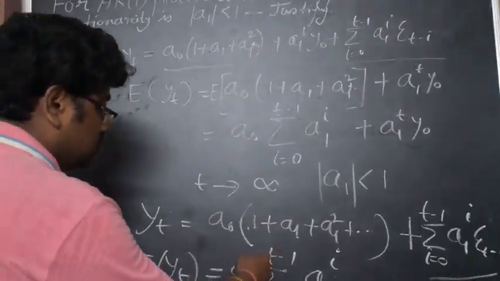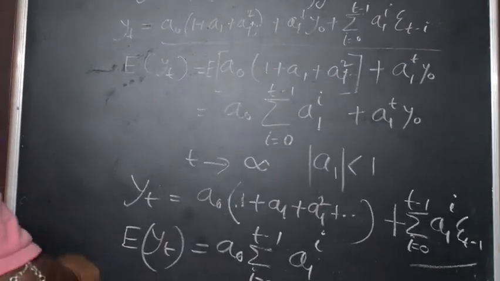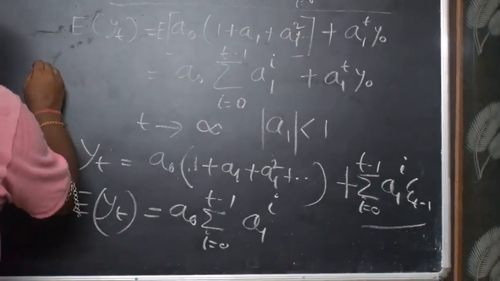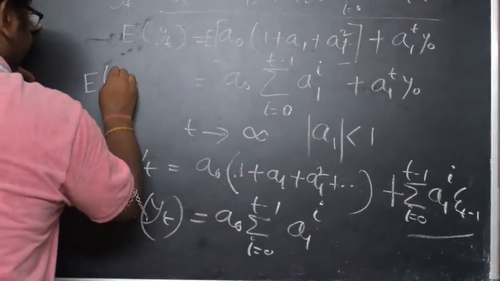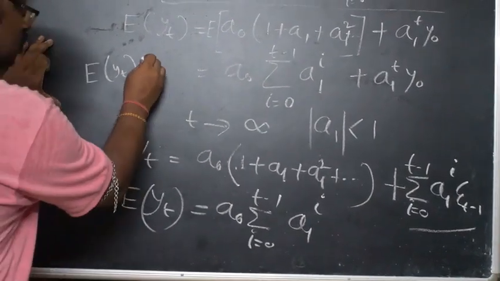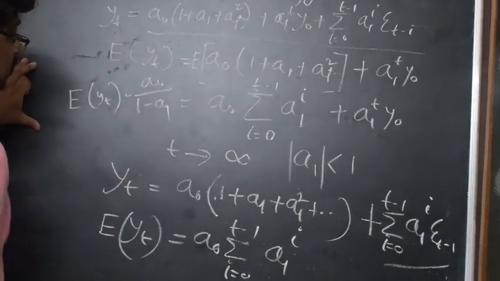So what is the value of this? You can write that the expectation of yt equals a0 by 1 minus a1.